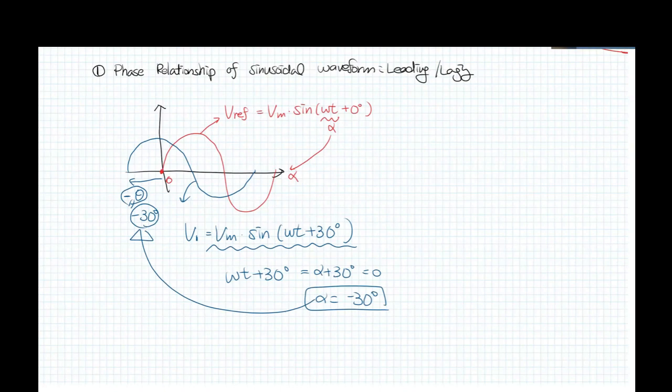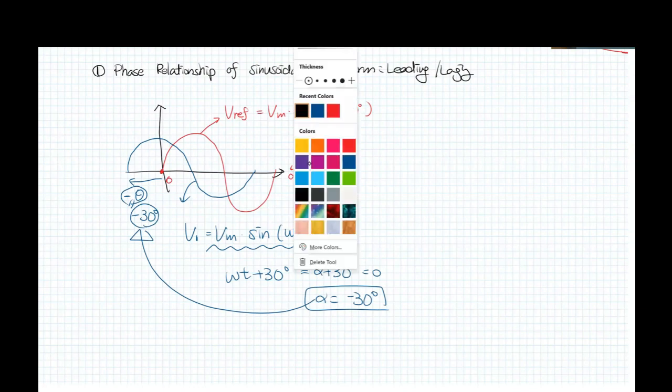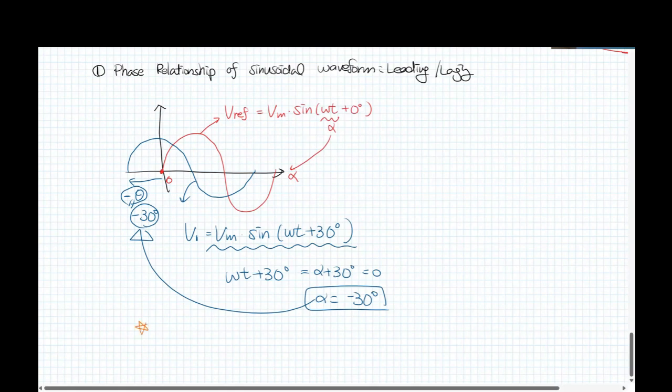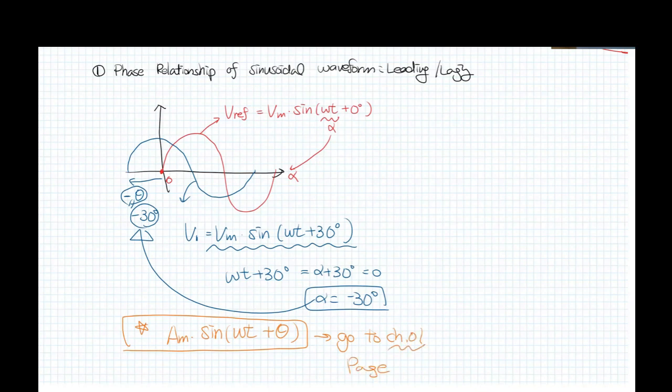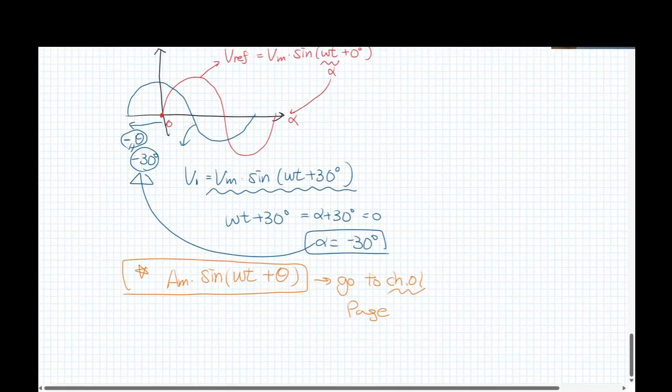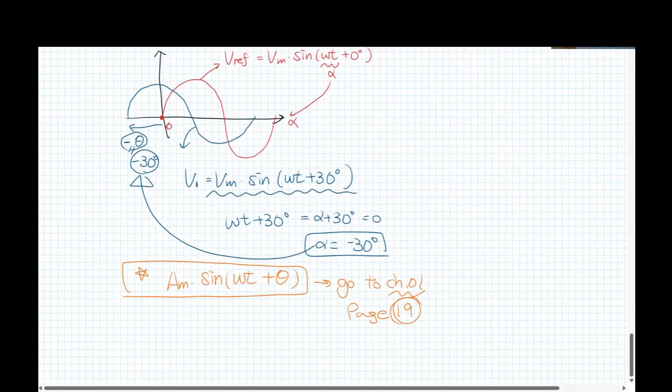This is the leading, very important. Let's say for leading, the formula is A sub m sine omega t plus theta. Go to chapter 1, page 19. Okay.